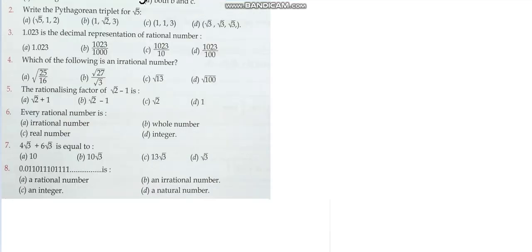Question 2. Write the Pythagorean triplet for root 5. Pythagorean triplets are three numbers in which the sum of squares of two numbers is equal to the square of the third number.